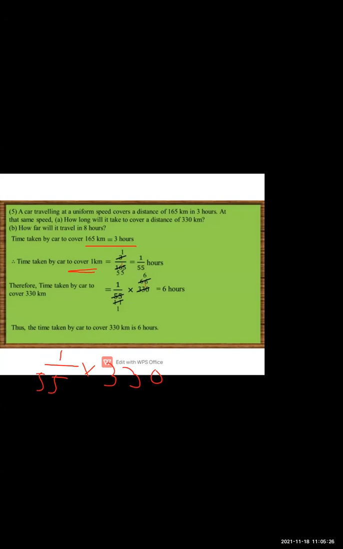This number will go in the 5 table, that is 5 1s are 5, 5 1s are 5. 3 is smaller than 5, that's why we will take 2 digits, that is 5 6s are 30.